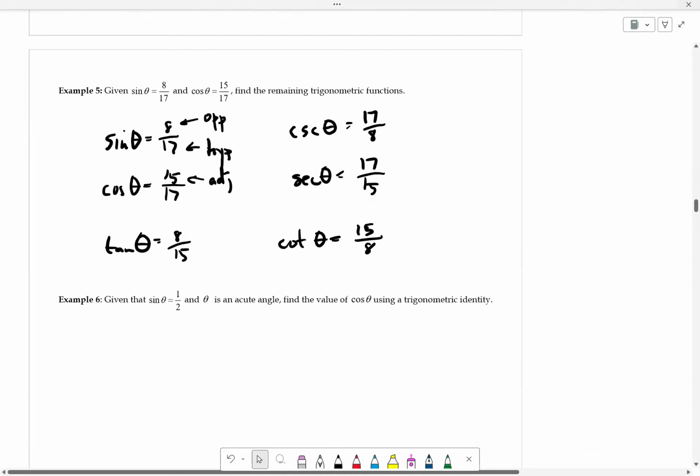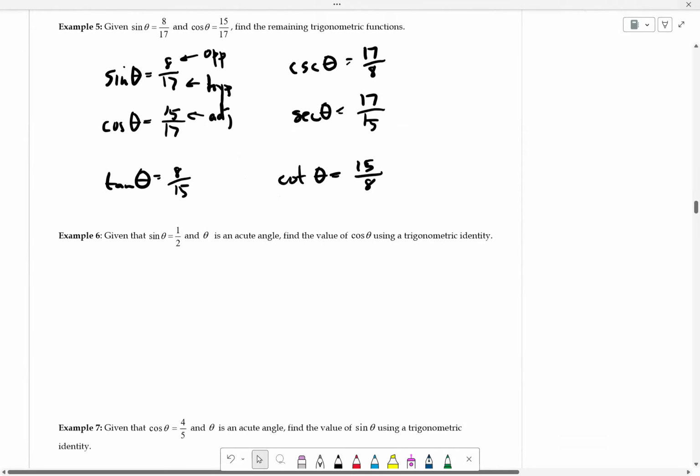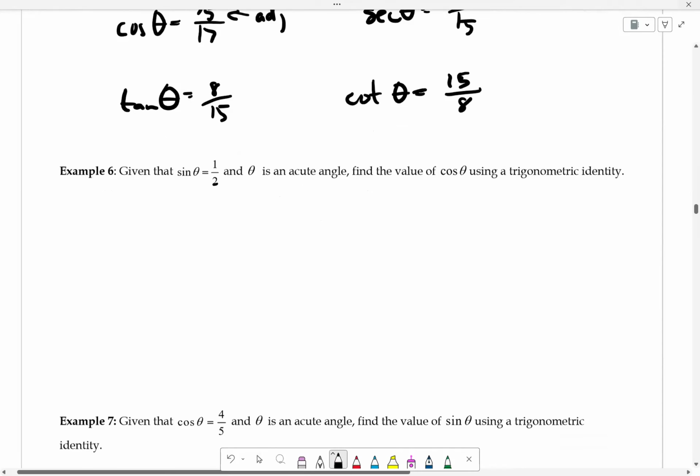Any questions? Perhaps your question is, can we try another? The answer is yes. And I'm going to change this problem. First of all, instead of 1/2, I'm going to make it a 5/13. And I'm going to take away this whole trig identity thing. Just find the value of cosine theta.